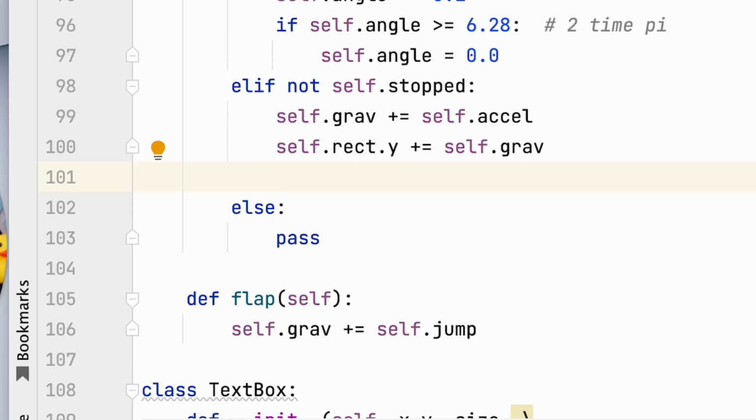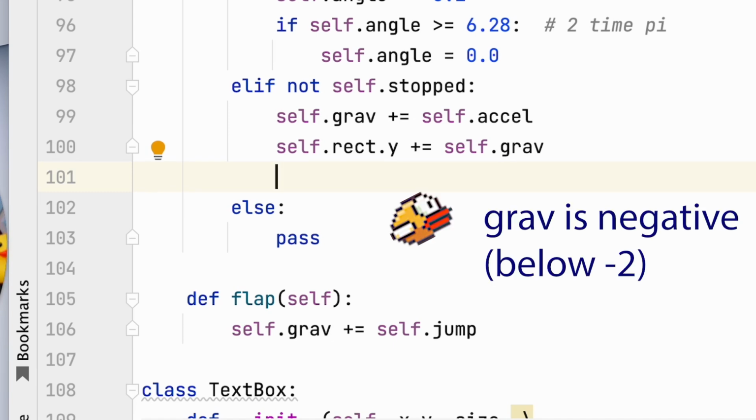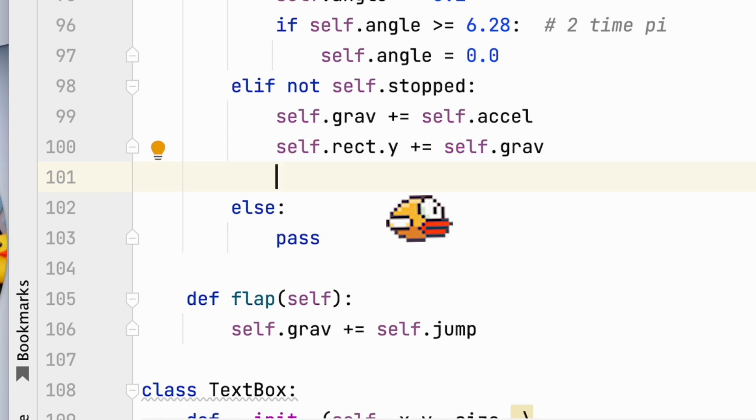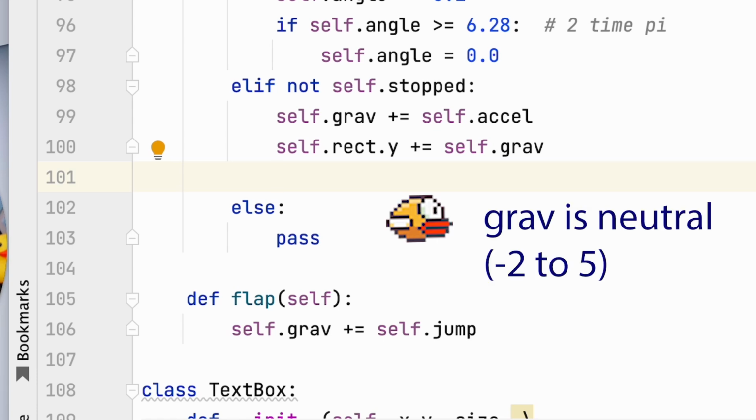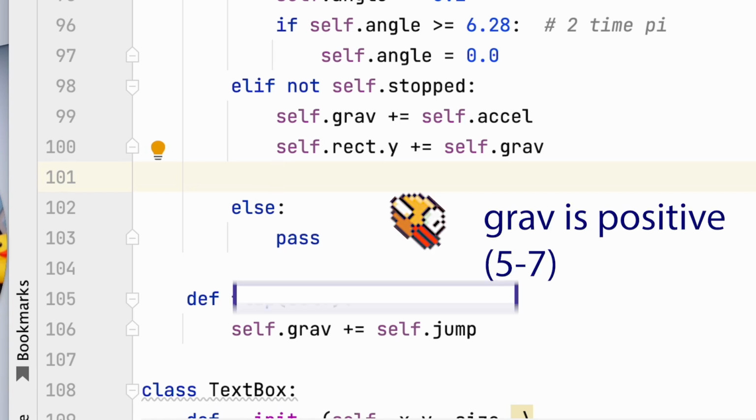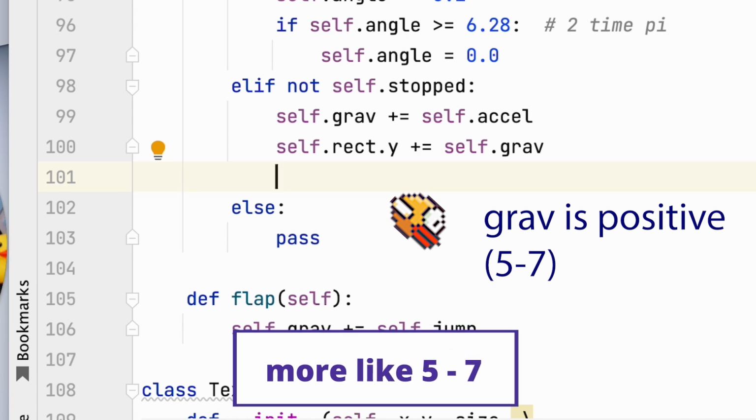We are always adding to gravity, so if our bird is going up, then that gravity is actually going to be a negative value. If the bird is staying steady, gravity is going to be close to zero. And if gravity is high, like 2 or 3, then maybe that'd be a 45-degree angle going down.